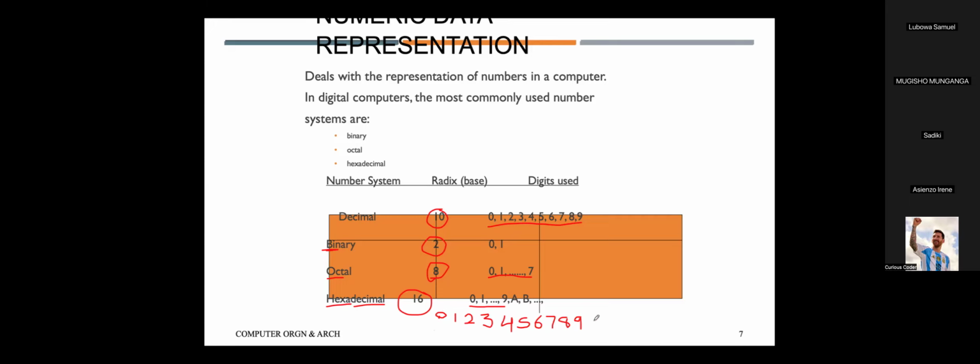Since 10 has two digits, we cannot consider it as one position, so we shall now consider 10 as A, 11 as B, 12 as C, 13 as D, 14 as E.